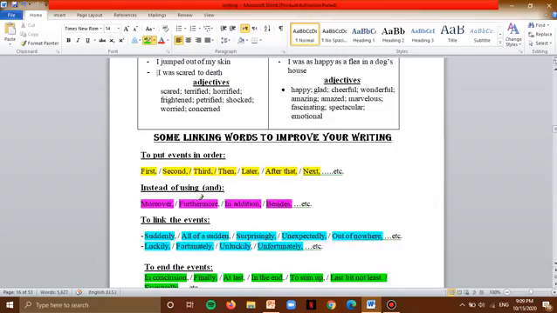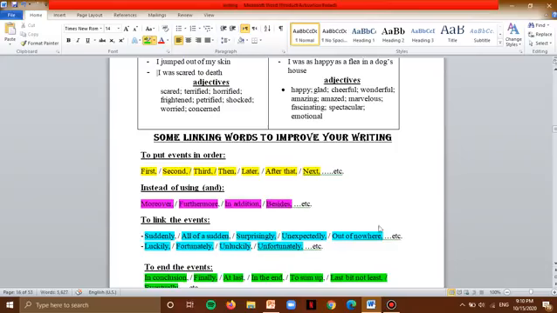And we said instead of using a lot, we can use furthermore, in addition to, besides. And to link the events, these are very important. Like we said, these are what make my events interesting: suddenly, surprisingly, fortunately, unexpectedly, out of nowhere.